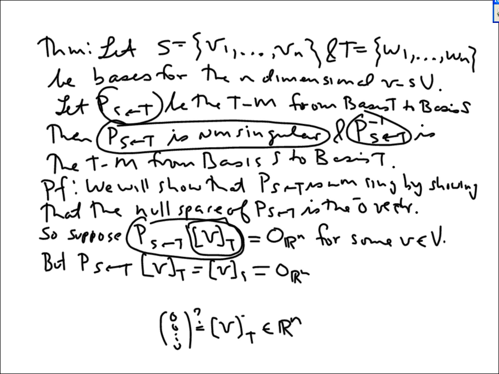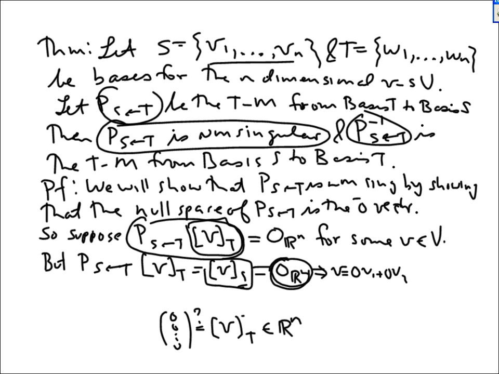Okay? But this implies that, so these are the scalars. Did I say what vector basis S was? It is v1 through vn. Well, that implies that little v is 0 times v1 plus 0 times v2, because v_S, which is 0, 0, 0 n times, is the scalars.